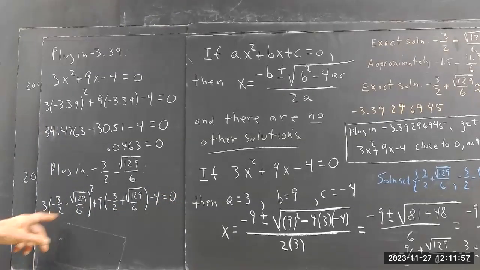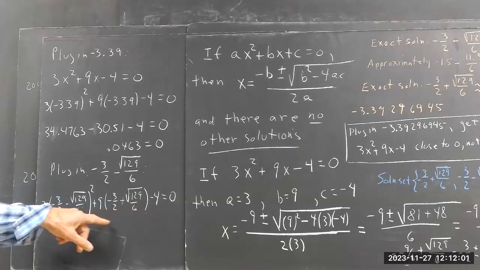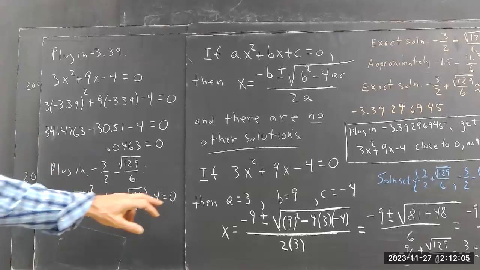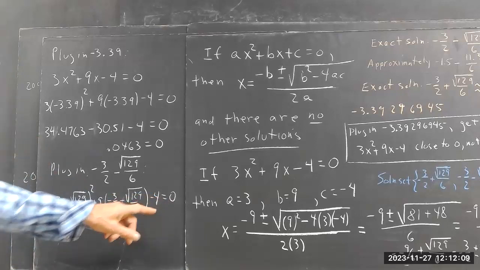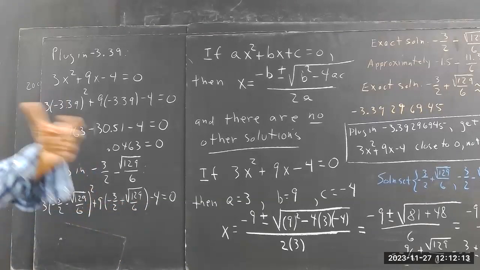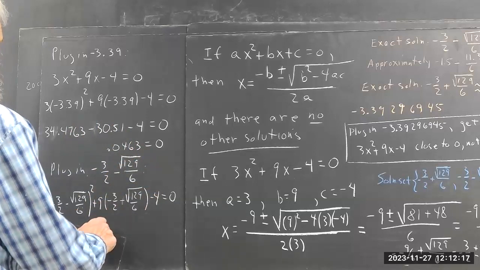Okay, if we do the algebra to expand this with the radicals and so forth, it'll give us exactly 0. All this stuff will simplify down to where everything cancels out and we get 0.